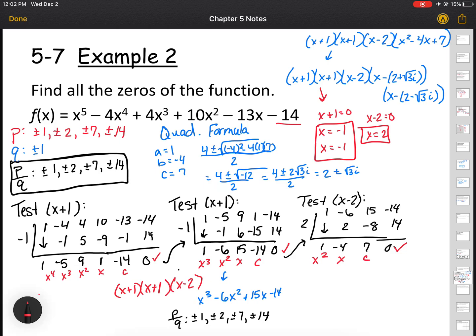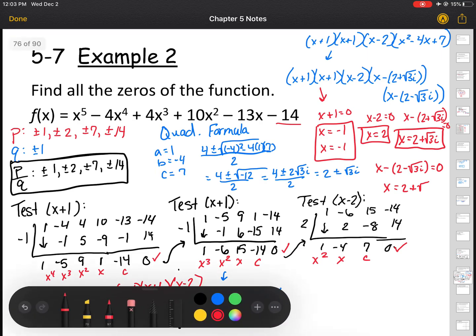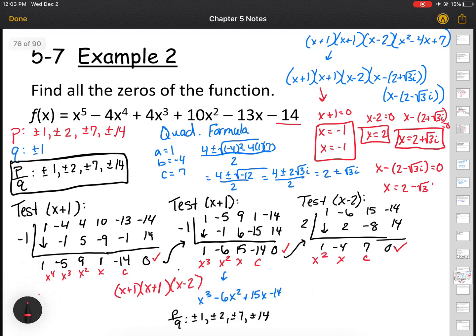And then if I set x minus 2 plus square root of 3i equals 0, x is just going to be 2 plus square root of 3i. And the last one, x minus 2 minus square root of 3i equals 0, that's just going to be x equals 2 minus square root of 3i.